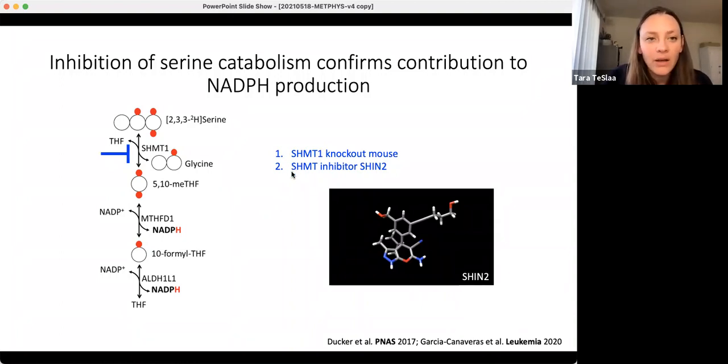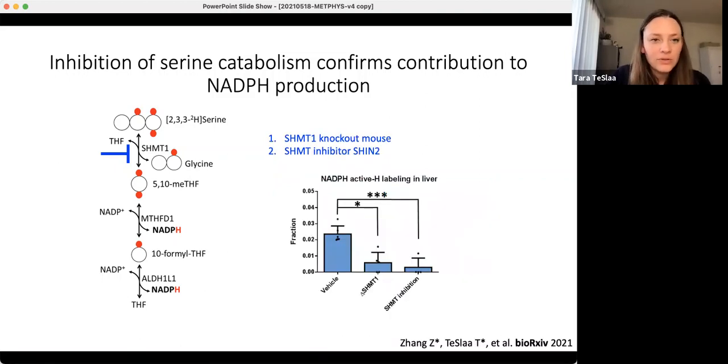And our lab also has developed a SHMT inhibitor, which we call SHIN2. So using both of these tools, we infused this deuterated serine to look at NADPH production, and both of these tools can block NADPH production through serine catabolism in the liver.